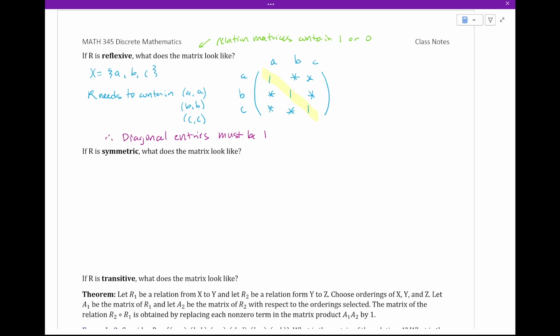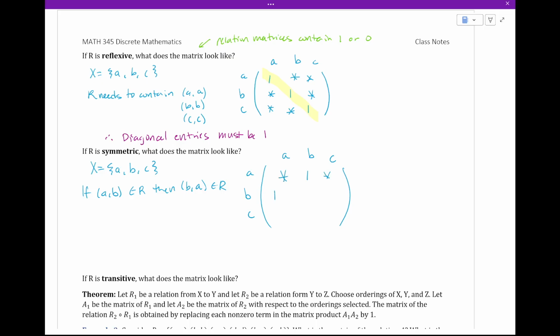Okay, that's reflexive. Symmetric: if R is symmetric, what does that matrix look like? Let's say that X is the same thing, A, B, and C. To be symmetric, if AB is in R, then BA must be in R. So let's look at A, B, and C, A, B, and C. If I have AB in R, that's this one, then BA has to be in R. That's this one.